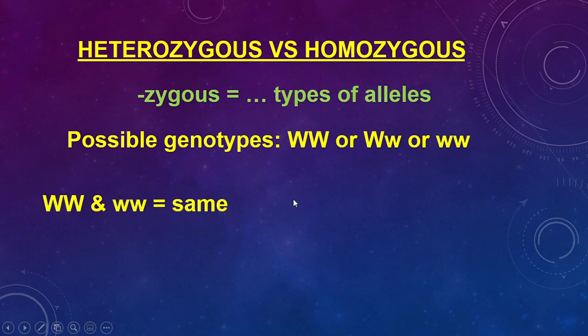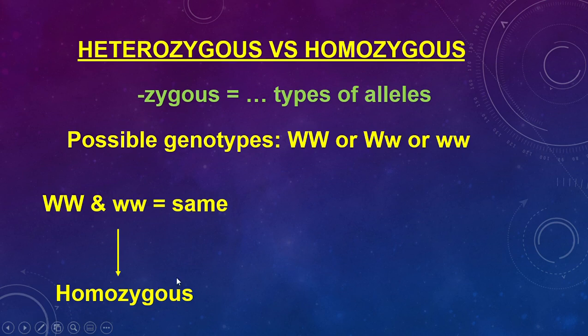They are both the same. The versions are exactly the same. We therefore refer to this as homozygous, homo being the same. So if we were to put the words in, we'd say the same types of alleles.